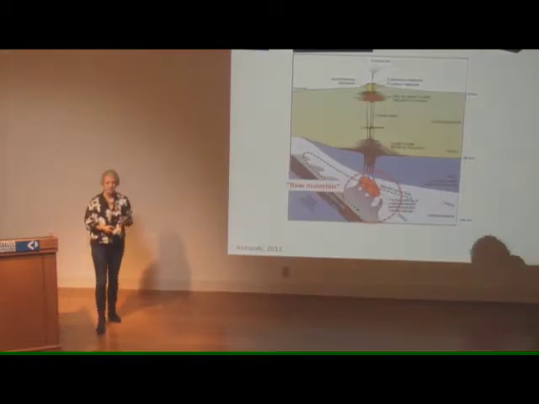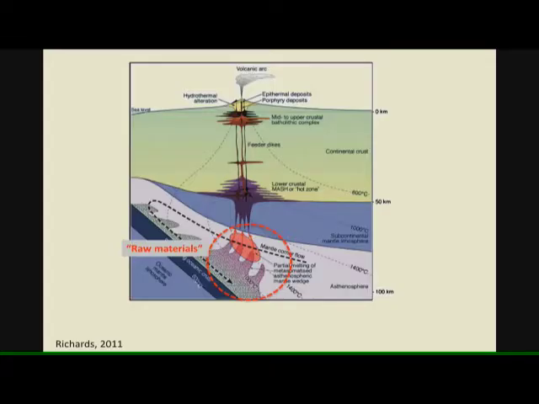So Adam Kent gave us a very nice lecture last week on building volcanic arcs, and he used this very nice slide from Richards 2011 as his fundamental cartoon to build off of, and he focused mostly on what happens starting in the lower crust and to the surface in terms of talking about the genesis of volcanic arcs.